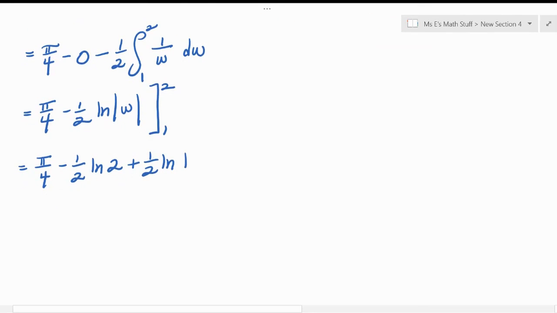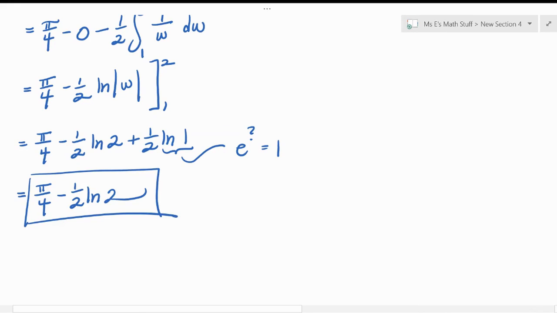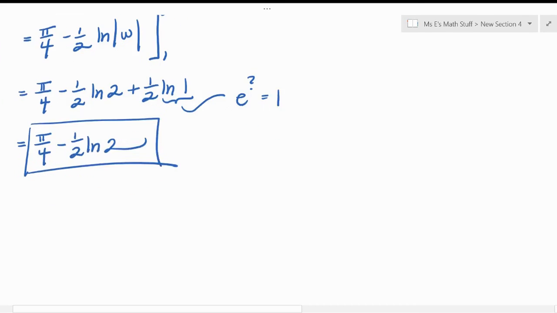And natural log of 1, remember that's asking e to what power equals 1. The answer is 0, and so one version of the final answer would be just that. There we go. Hopefully you got that in one way or the other, and if you didn't, hopefully it at least makes sense now.